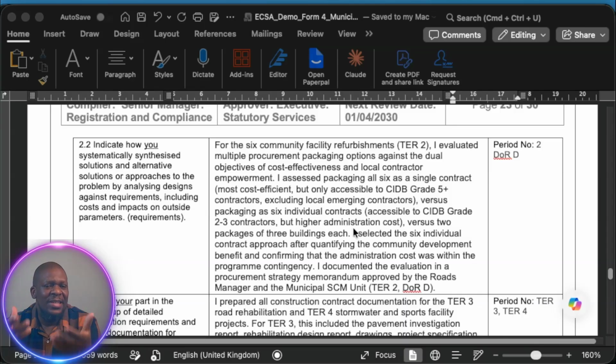So what you're saying here is how did you look at various alternatives? Whenever you have a problem, you cannot only present one solution. The only way of demonstrating sound judgment is when you present more than one solution.